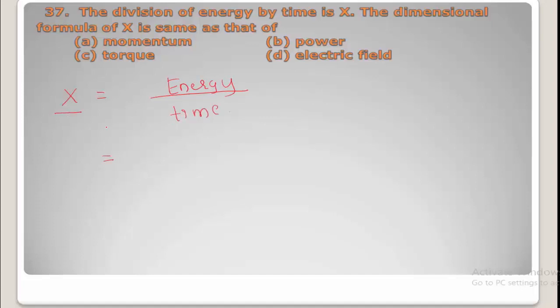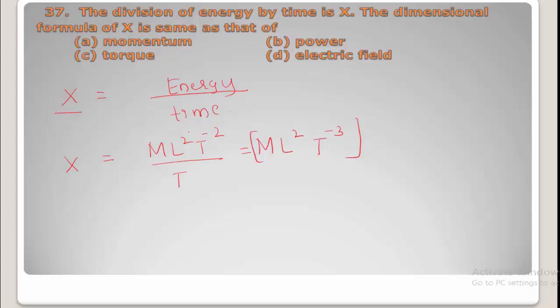What will be the dimensional formula for this X? So the energy is having dimensions of M L square T raised to minus 2. Time is having the dimension of T. So on simplification we get M L square T raised to minus 3, isn't it? So this is the dimension of X.